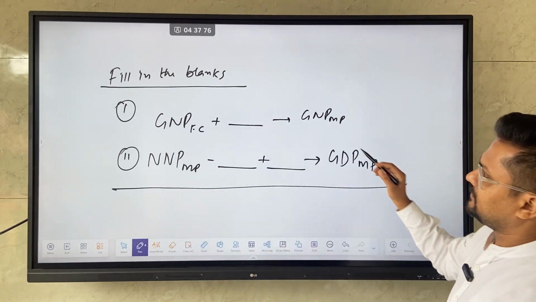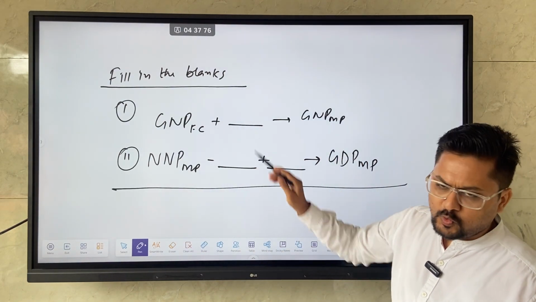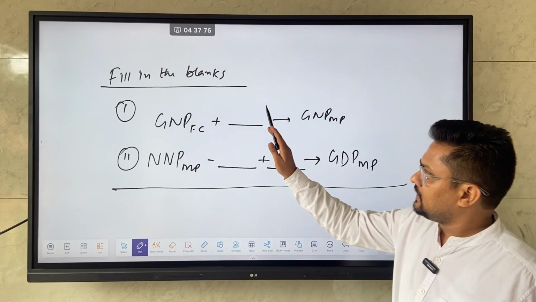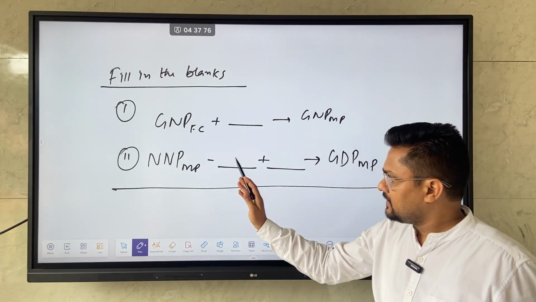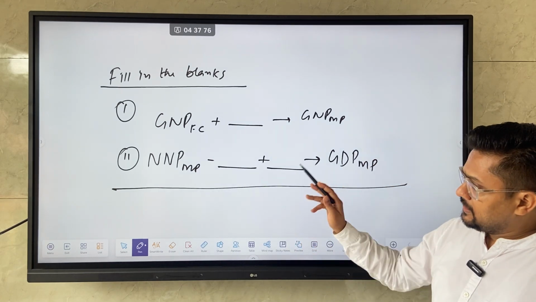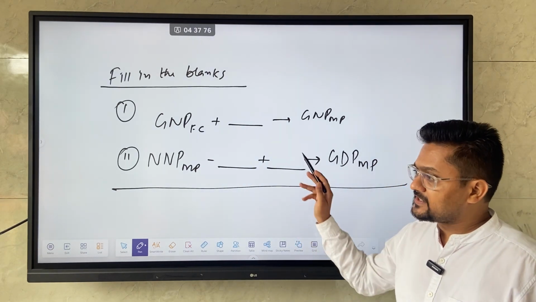Okay, so in the first blank, you have to put one of the connectors, whether it will be depreciation or NIT or NFIA. Similarly, there are two blanks, and you have to make a choice which two connectors will be there.